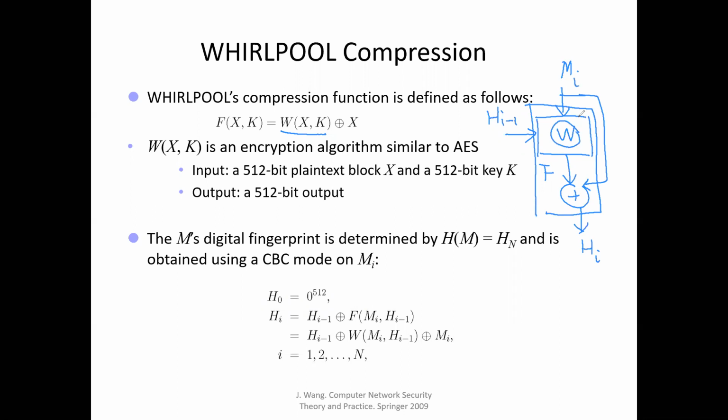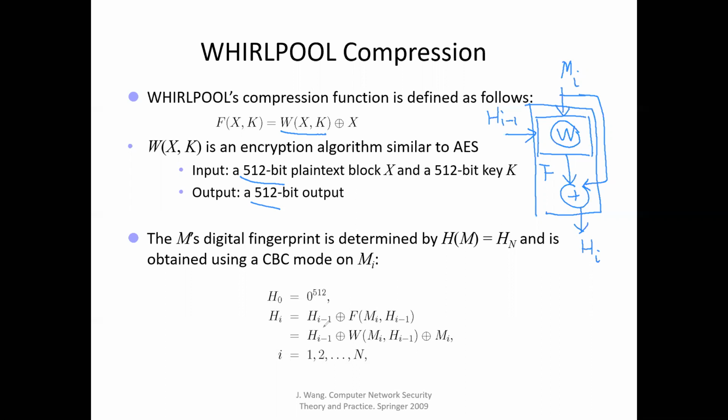So W is an AES-like encryption algorithm. The block size is 512 bits long, and the output is also 512 bits. AES only takes a 128-bit block size, so this is different. The initial value is simple, it's just all zeros.